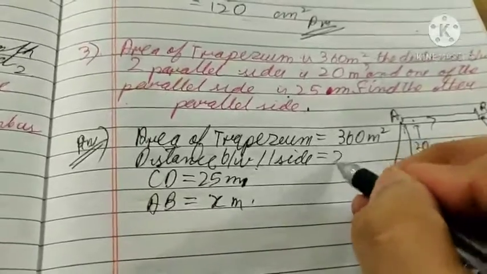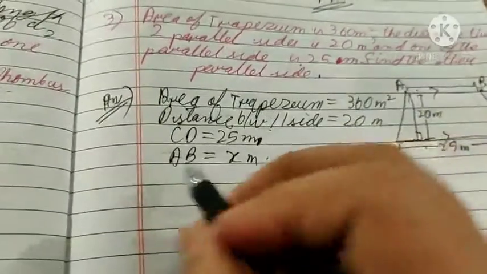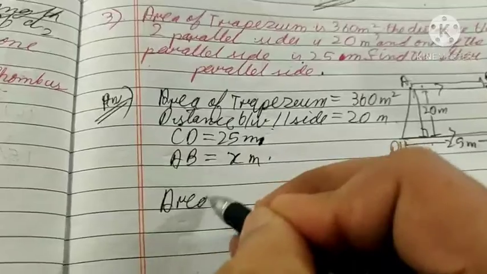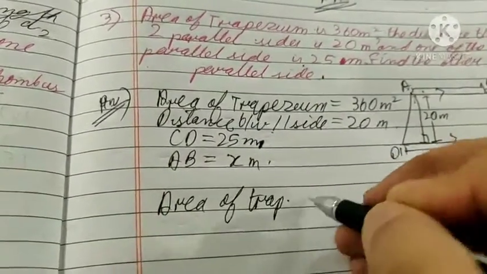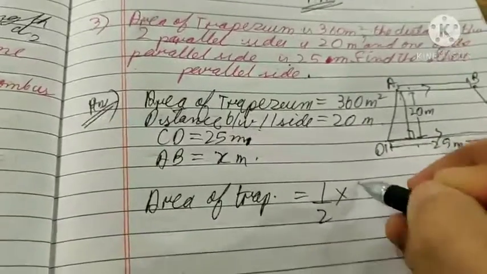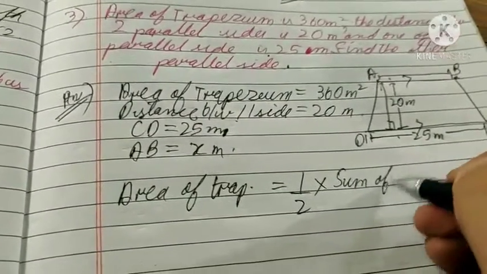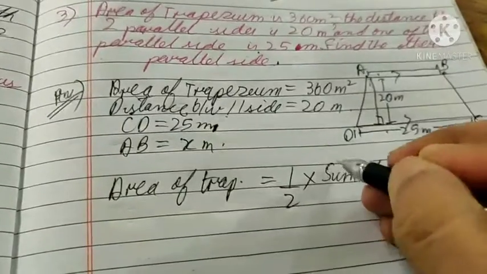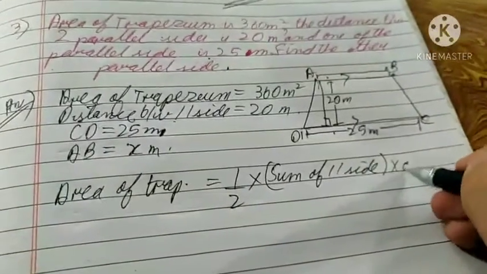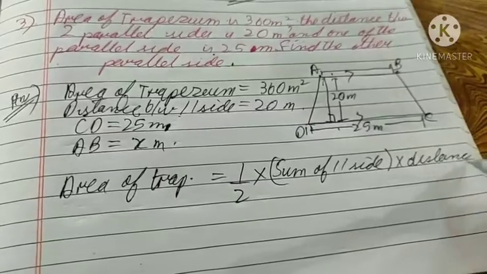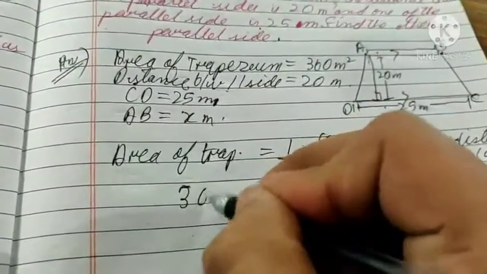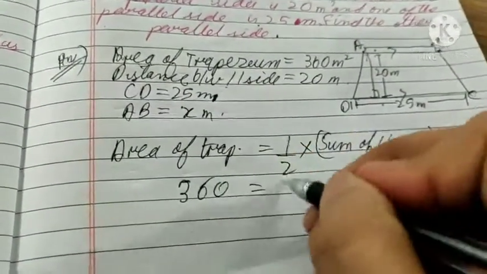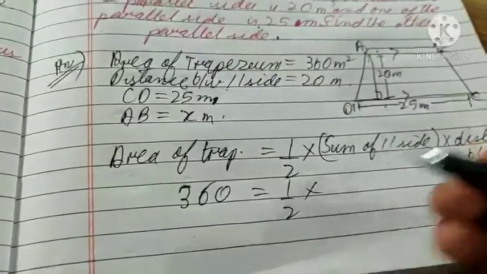So the formula for area of trapezium was half into sum of parallel sides into distance between parallel sides. Okay, so area of trapezium is 360 equals half into sum of parallel sides.